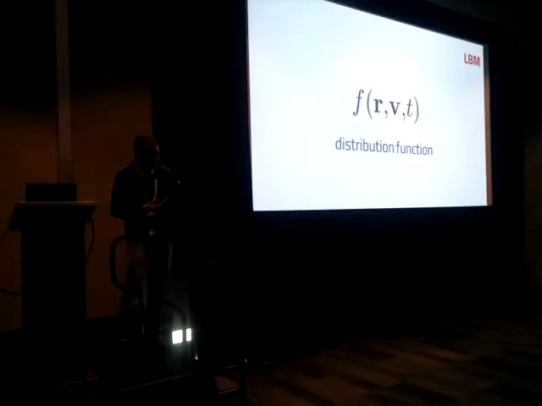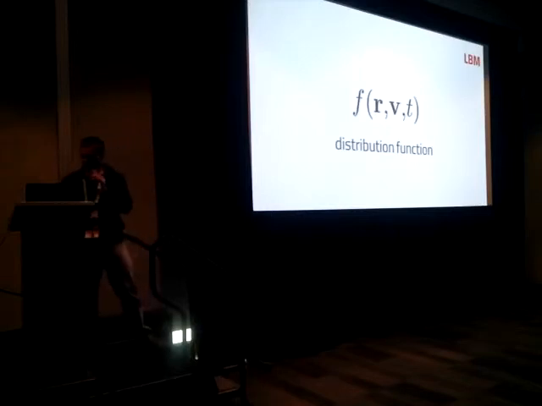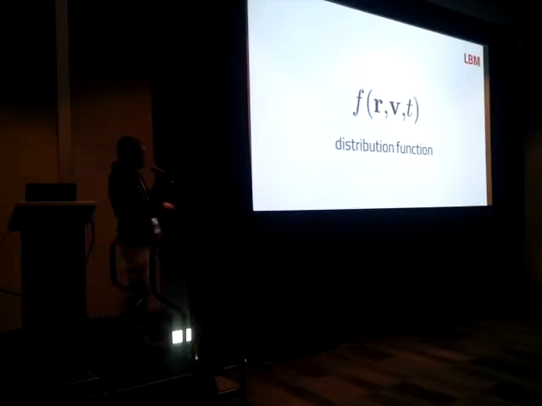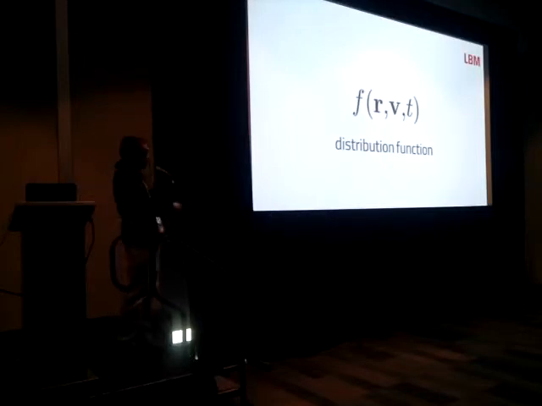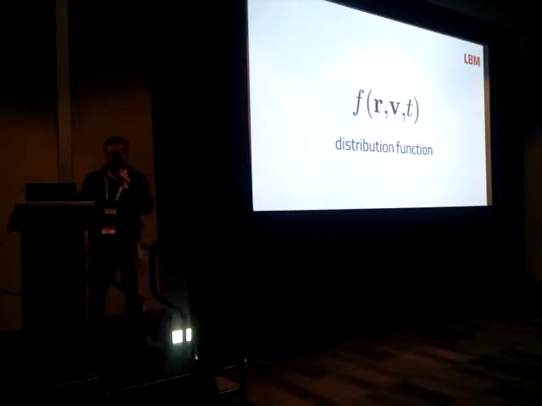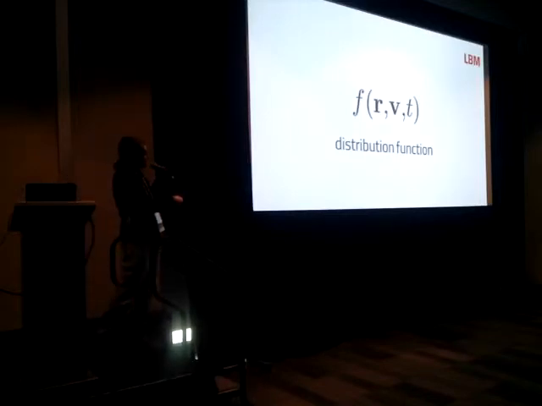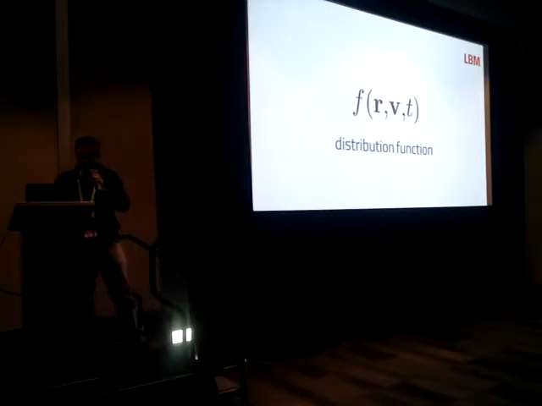So it is a fundamental thing, and with this function we are able to describe our system as something complete. Having the distribution function for the entire system, we have all the velocity fields, density fields, and so on, because you may easily understand that calculating a sum of the distribution function gives you, for example, density.